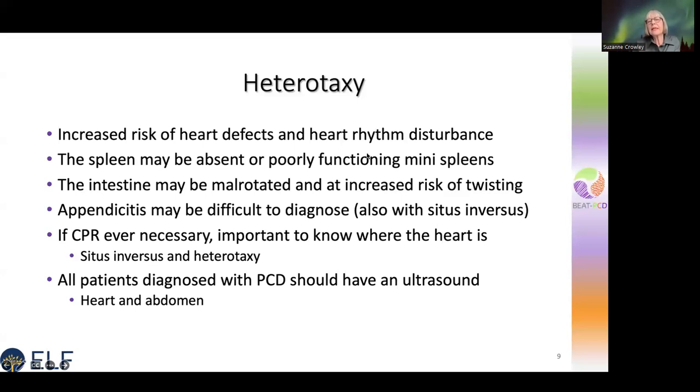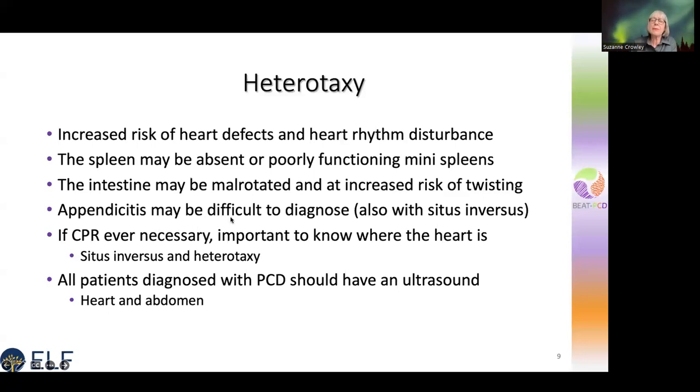But importantly, some of you with heterotaxy may have lots of mini spleens, small spleens, but that doesn't mean to say they work normally. So if you're somebody with mini spleens, there needs to be a test done to make sure that your spleens are working normally. The other thing with heterotaxy is that the intestine may be rotated differently and at increased risk of twisting and obstruction, and that's important to know.